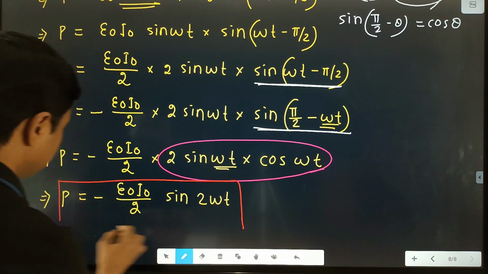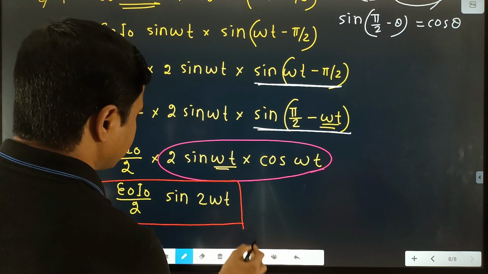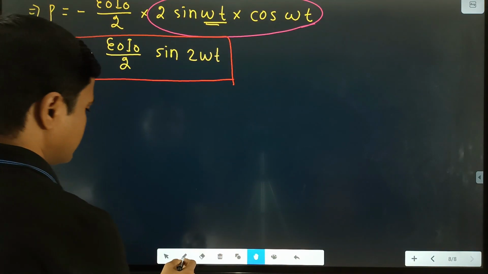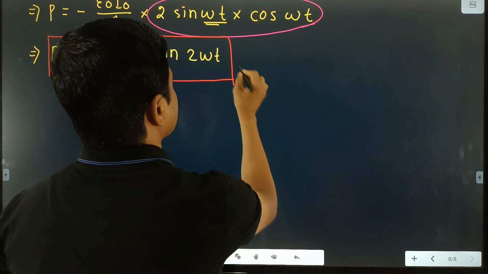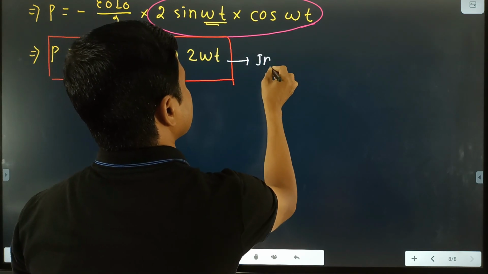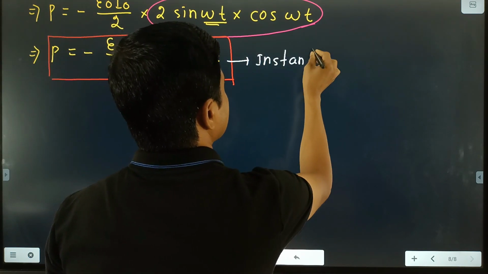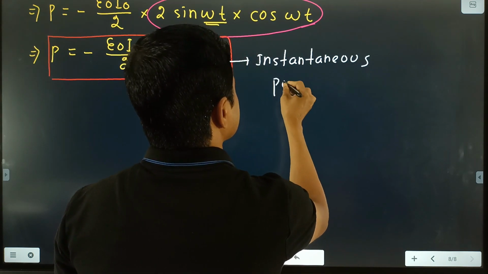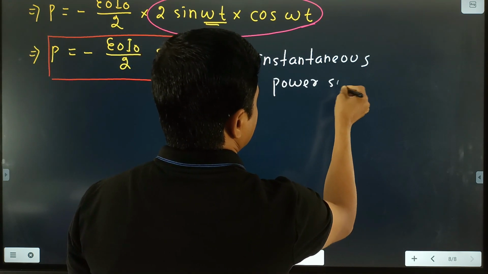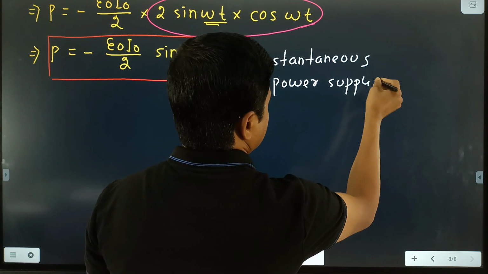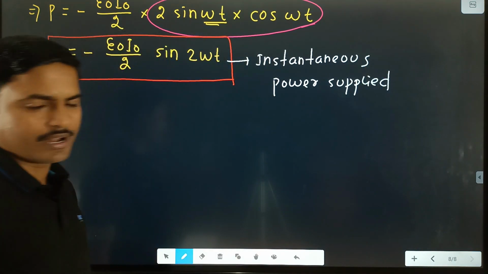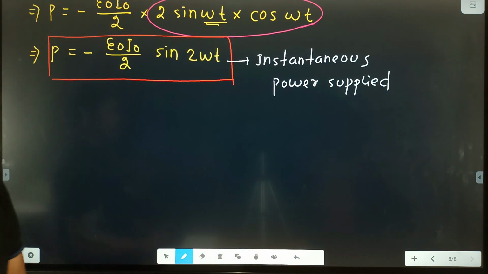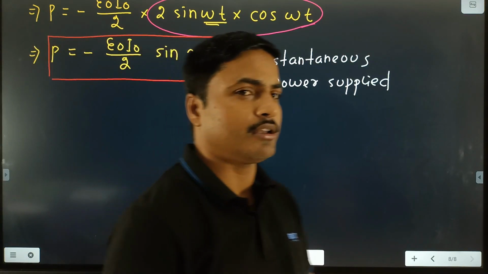This is the final expression of instantaneous power supplied to an AC circuit containing an inductor only.